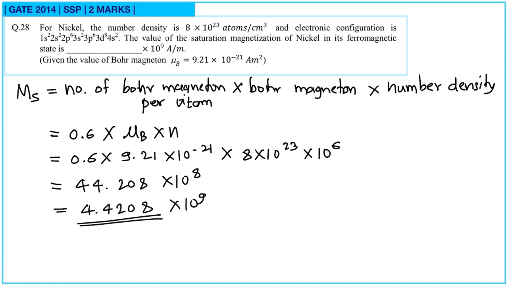So this will be the answer, and the range given for this question was 40 to 43, but the answer is not matching here. Maybe some decimal point shifting is there. So I am getting 4.42 here. Next question.